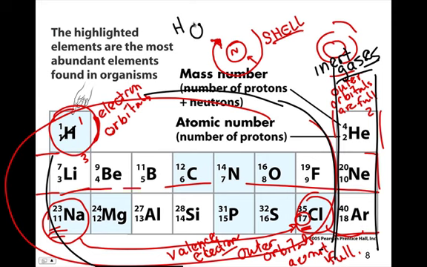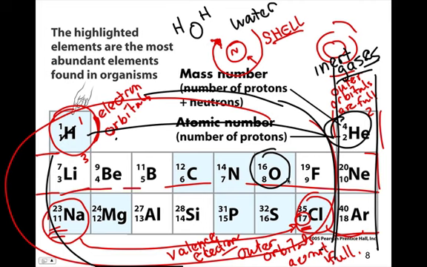So we've got H2O, which is water, and hydrogen would like to share its electron with something else to fill up its outermost shell. Here's oxygen. Oxygen would like to share its electrons with somebody who could provide 2 to fill up oxygen's outermost shell.